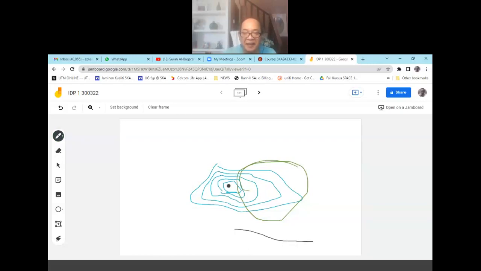Between the peak, let's say a peak of 30 and a low of 10. 30, 20, 10. 30, 28, 26, 5 meters please. 30, 25, 20, 15. This is around 15. Around 15.